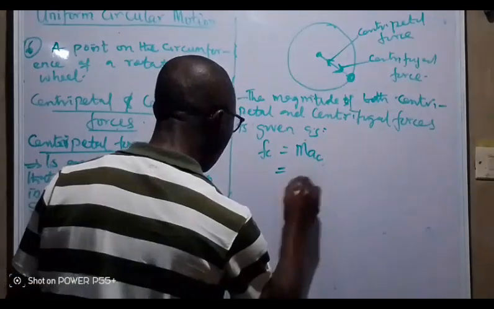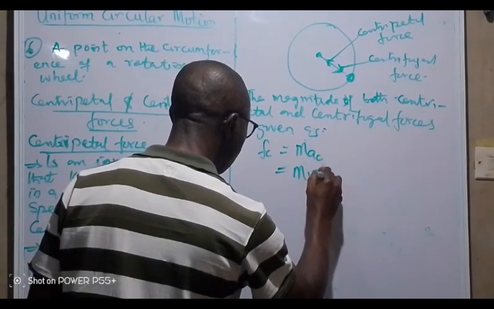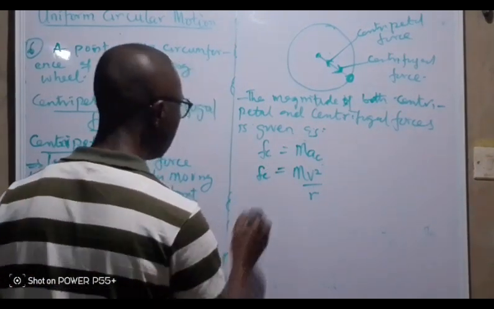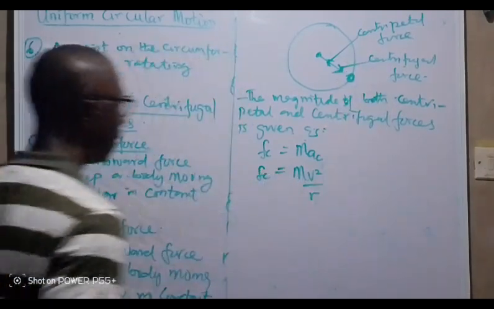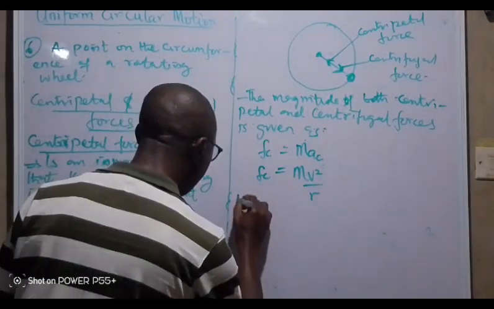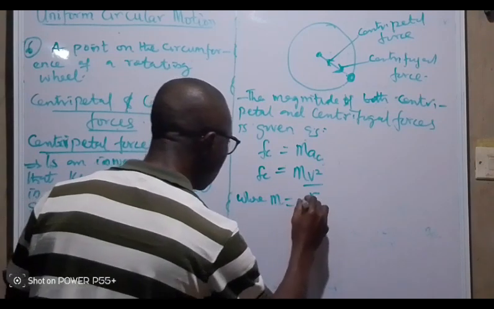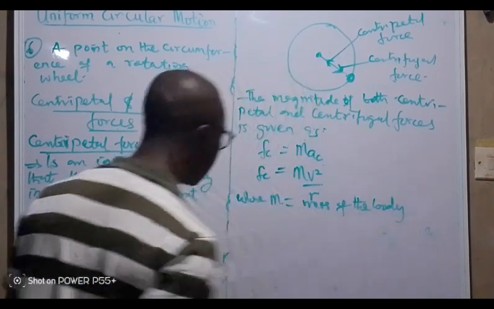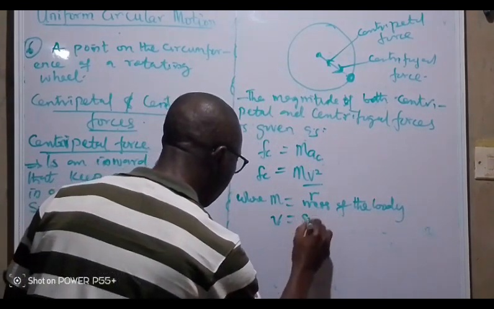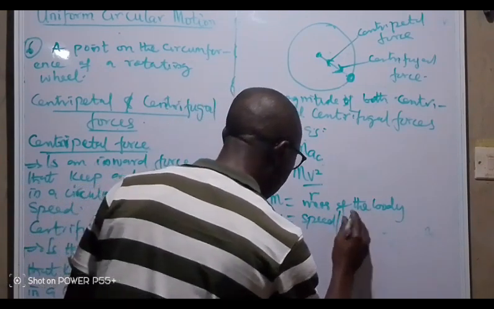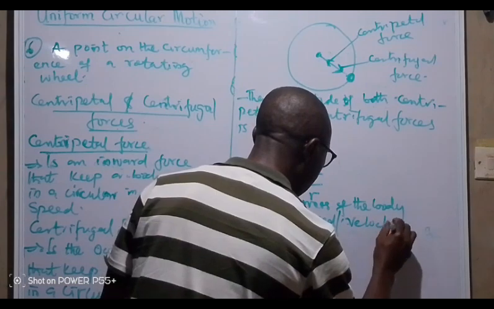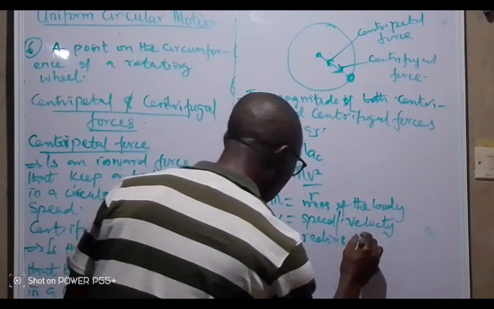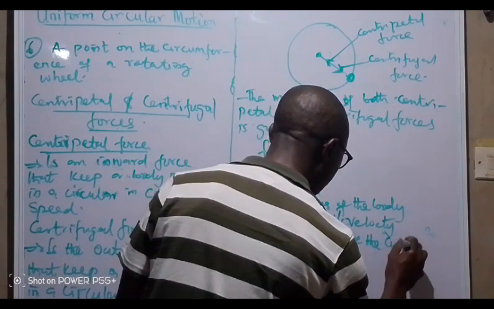Therefore, we can now say F is equal to mV squared over R. Where our Fc will be either centripetal or centrifugal, because they have the same magnitude, and where m is equal to mass of the body moving in the circular path, V is speed or velocity of the body moving in the circular path, and R is radius of the circular path.